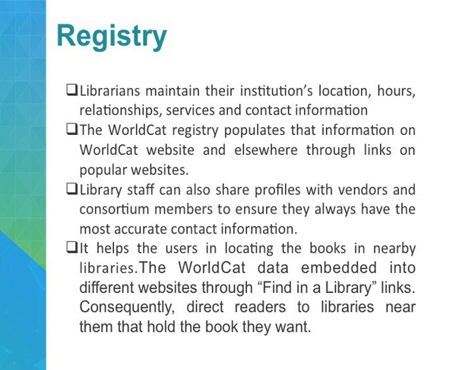Library staff can also share profiles with vendors and consortium members to ensure they always have the most accurate content information. It helps users in locating books in nearby libraries. The WorldCat data is embedded into different websites through the find in a library link and consequently directs readers to libraries near them that hold the books they want.